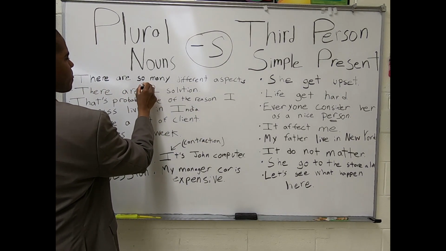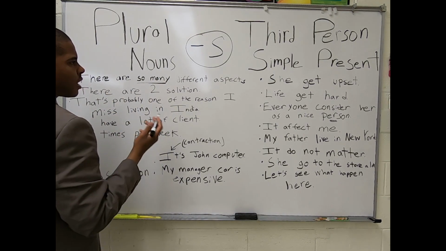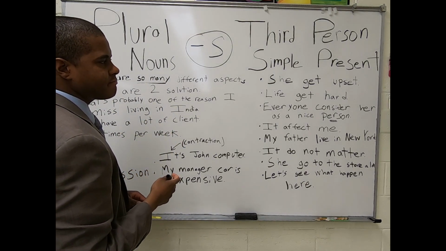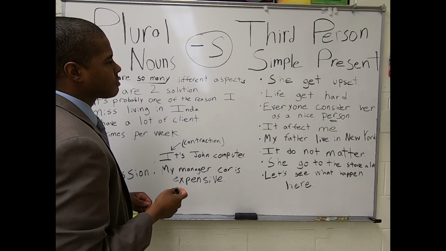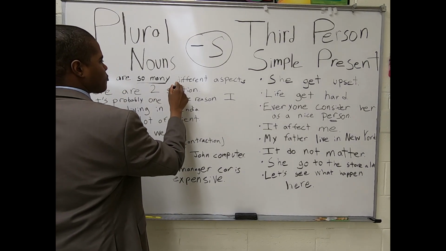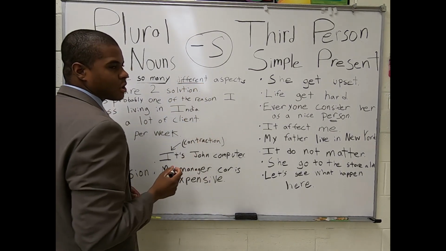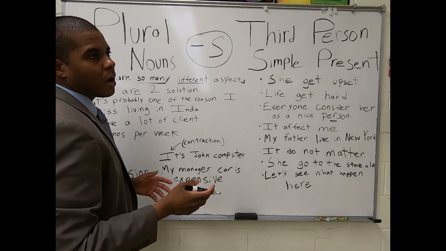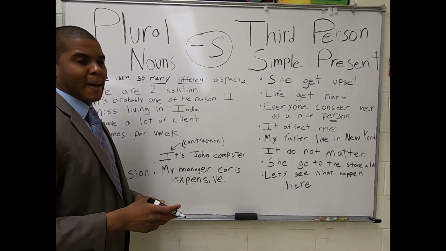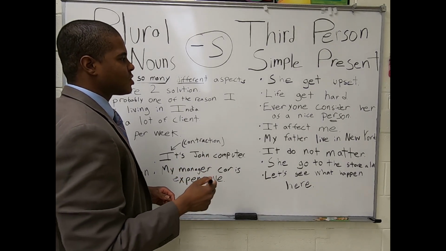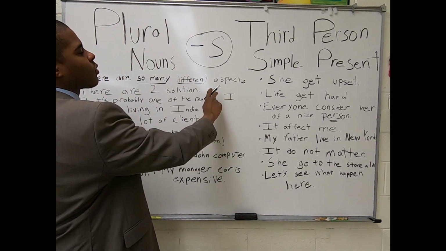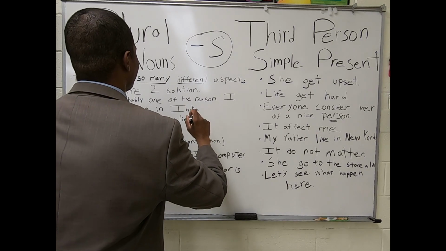Well, they see so many, and they think, oh, we already know that it's plural. Or they see different, and they say, oh, we already know it's plural. Well, you may think that. But in the English language, you need to indicate that this is still plural with the letter S.